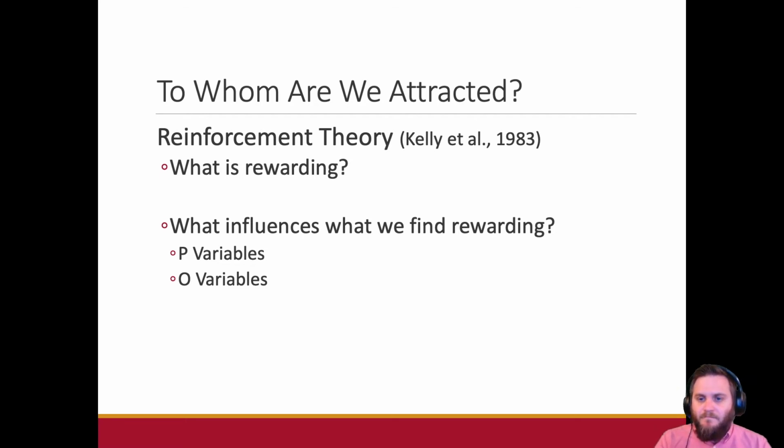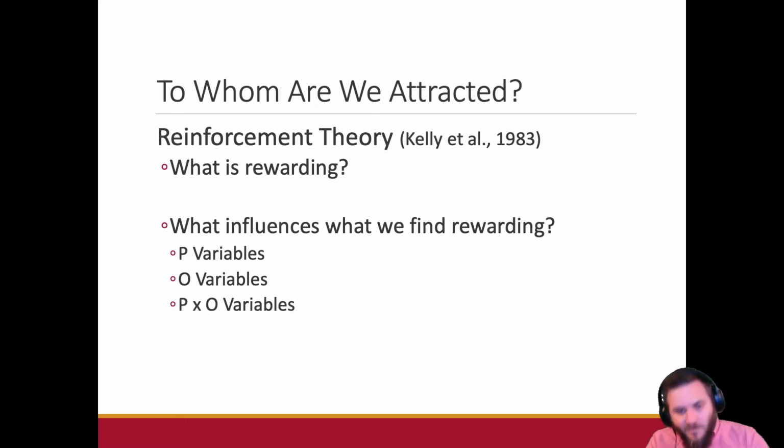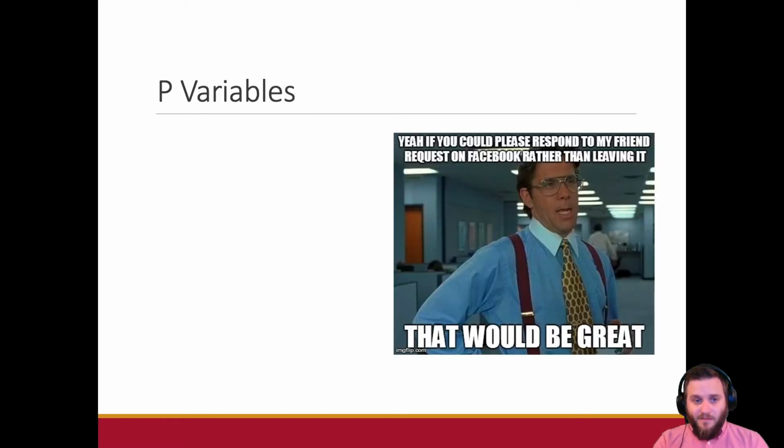Then the P by O variables: the interaction of you and the potential partner, so fit and compatibility. And then E variables, which are the environment or context. So let's go through each of these one at a time.